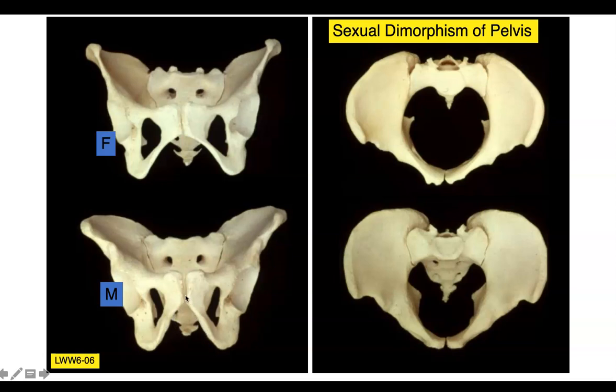In the female pelvis the subpubic angle is more than 90 degrees, and in the male pelvis it is less than 70 degrees. The male subpubic angle is more acute, and the female subpubic angle or pubic arch is arch shaped or wider. So these are the differences between the male and female pelvis.